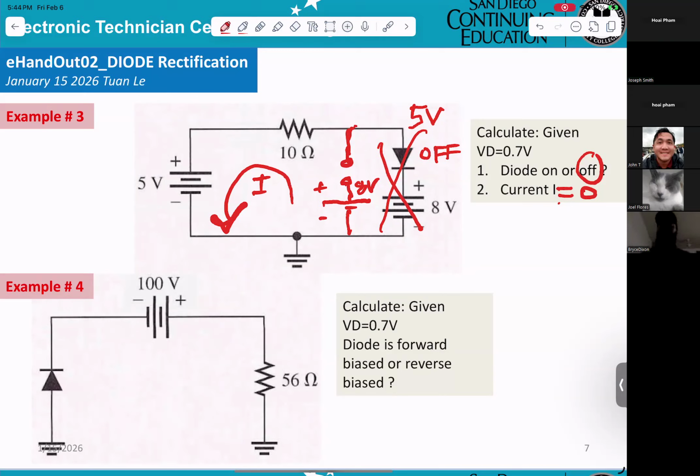Okay, number 4. The question is whether the diode is forward bias or reverse bias. Forward bias means on. Reverse bias means off. Is it forward?